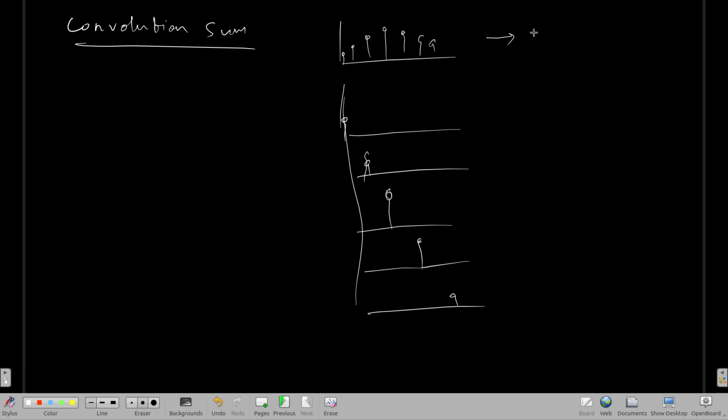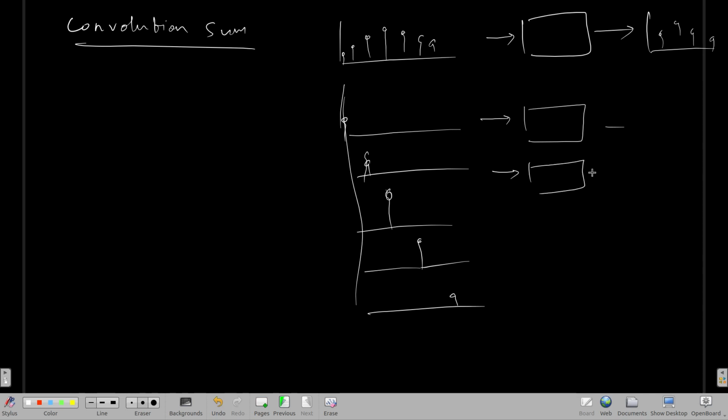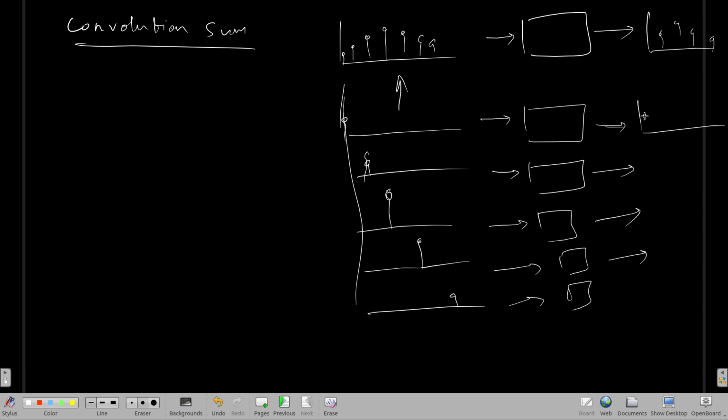And then instead of giving this to a system and getting some sort of output, we give these separately. At least theoretically, this is how we analyze it. If we add these all up, we will get this signal, and we get a separate response for each of these.